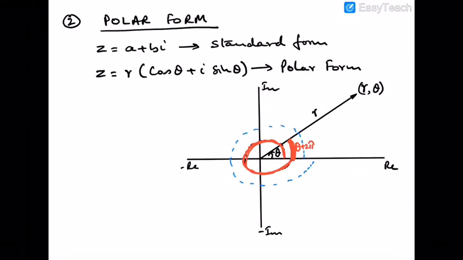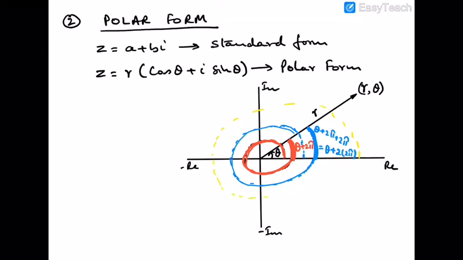Now if we take a second round, then we will make one more 360 degrees. So the angle will be theta plus 2 pi plus 2 pi, that is theta plus 2 times 2 pi.